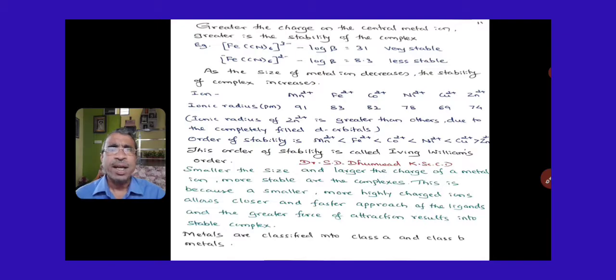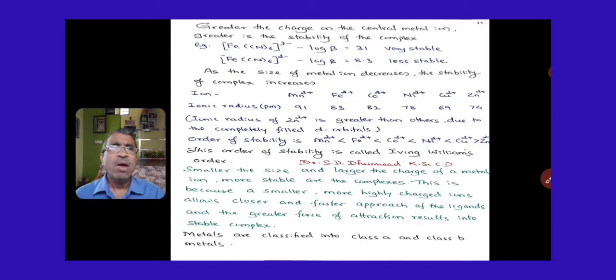Let us take an example: hexacyanoferrate(III), which is also called ferricyanide ion. Its log beta value is 31. And another complex, hexacyanoferrate(II), or ferrocyanide ion, has a log beta value of 8.3.